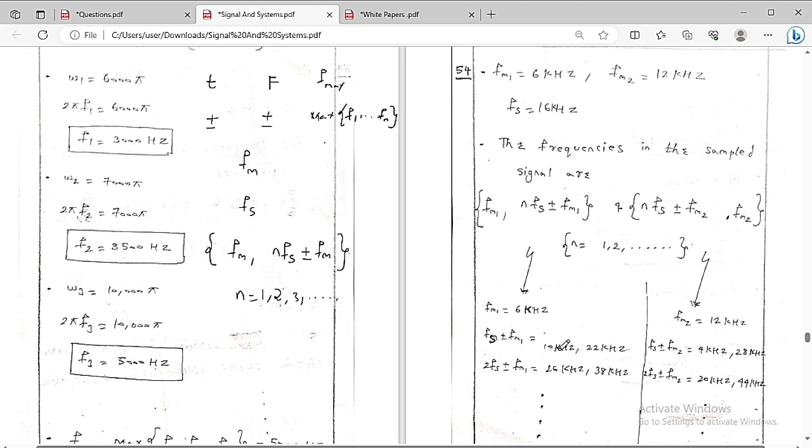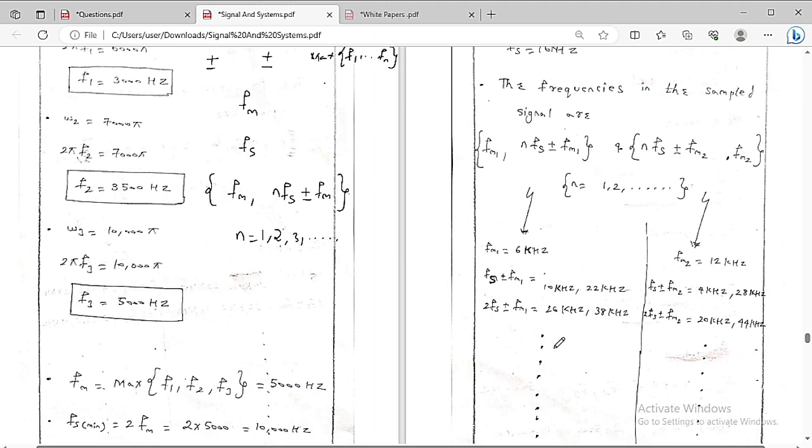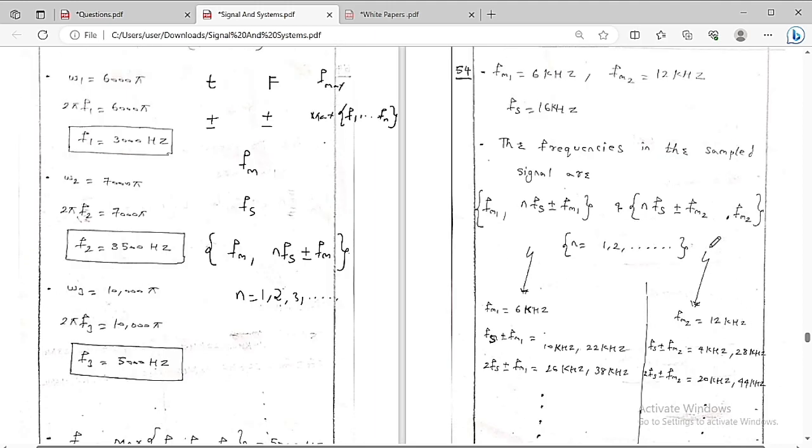If you do subtraction, we get 10 kilohertz. If you do addition, we get 20 kilohertz. Similarly, if N is equal to 2, we get 2 Fs plus or minus FM1. If you do subtraction, we get 26 kilohertz. If you do addition, we get 38 kilohertz. And this will go on. Similarly, FM2 is 12 kilohertz. If N is equal to 1, we get Fs plus or minus FM2.